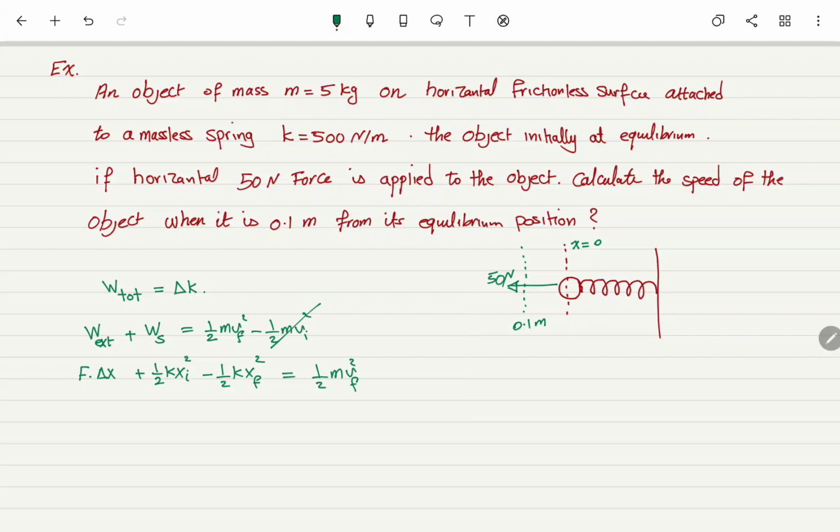And remember, it's initially at rest, so the initial velocity term equals 0.